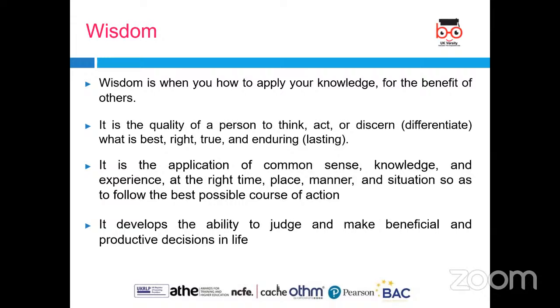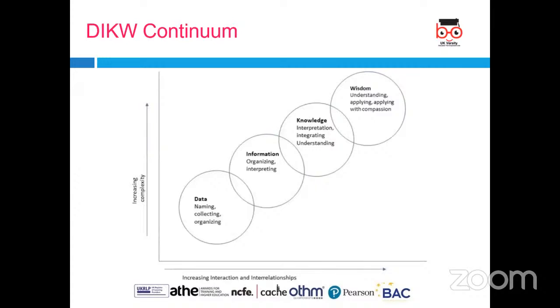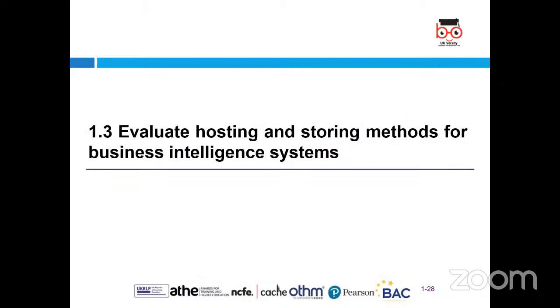So it's simply the action of using what we've learned in order to provide good examples, good advice. So wisdom can be seen at the top of this hierarchy. We start with data, move into information, then knowledge, and we now conclude with wisdom.